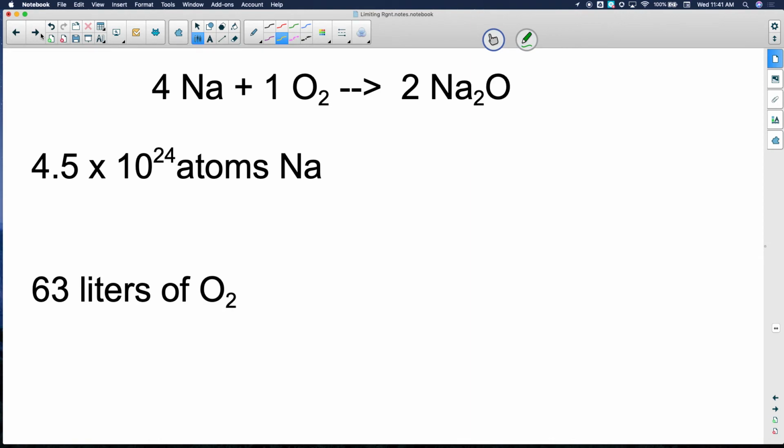Yeah, but you divide that by 6.02. So you're getting a number smaller than 1. No, that's not right. 10 to the first is 10. So do this.